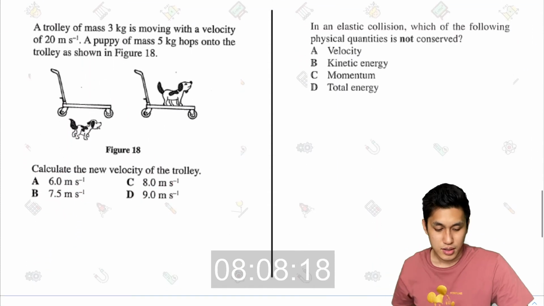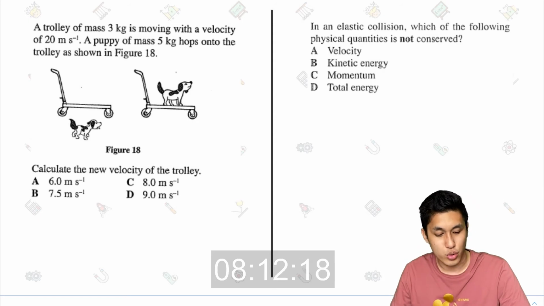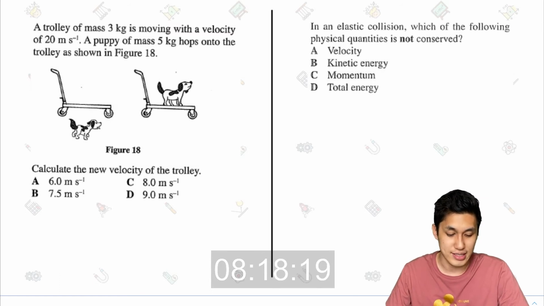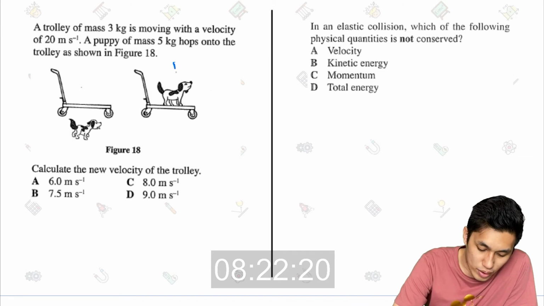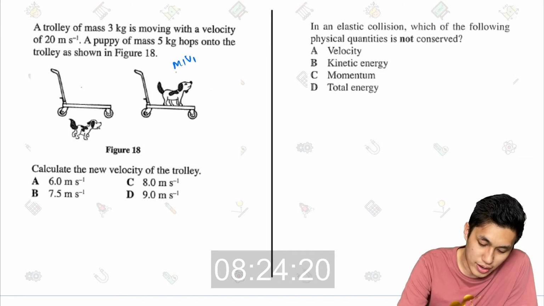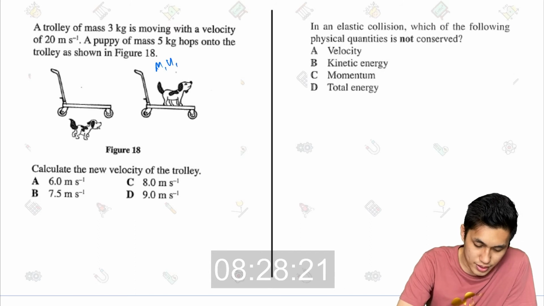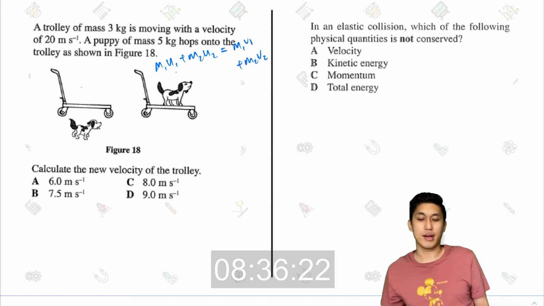Next, a trolley of mass 3 kg is moving with a velocity of 20 meters per second. A puppy of mass 5 kg hops onto the trolley as shown in figure 18. So this one is a conservation of momentum, right? m1u1 plus m2u2 is equals to m1v1 plus m2v2, right?